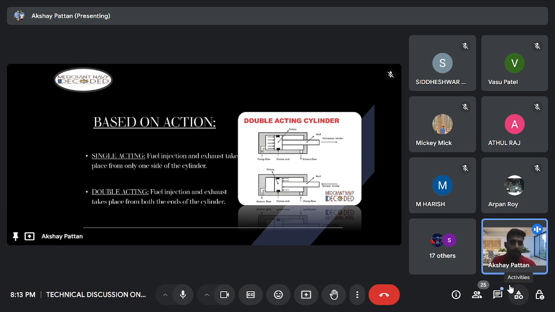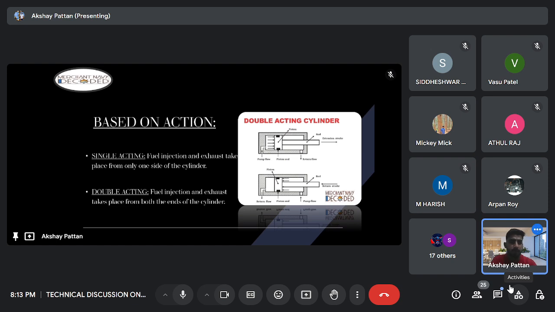That is known as the double acting cylinder. Whereas in the single acting engine, the suction happens in one stroke and the discharge happens in another stroke. That is the difference between single acting engine and double acting engine.